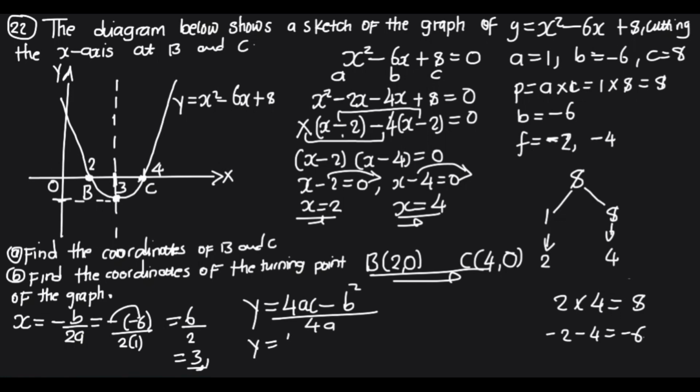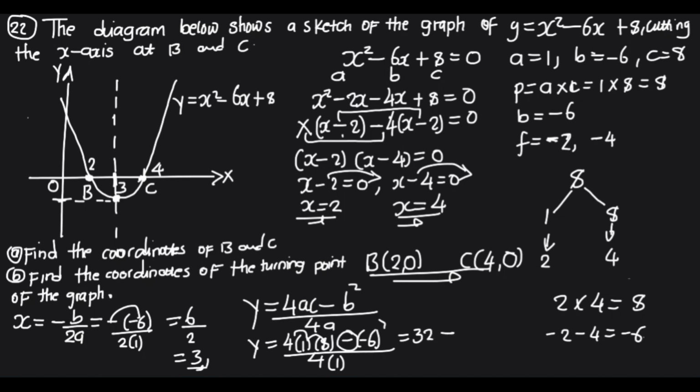So y is equal to 4, what's our a? 1, c is 8, minus negative 6 squared over, what's our a? It is 1. So 4 times 1 times 8 is 32.